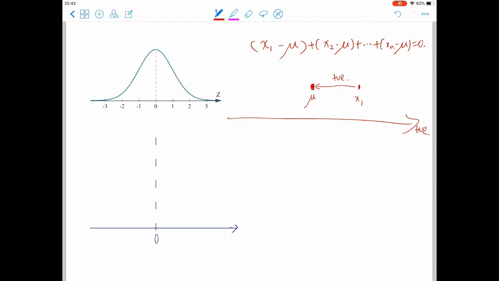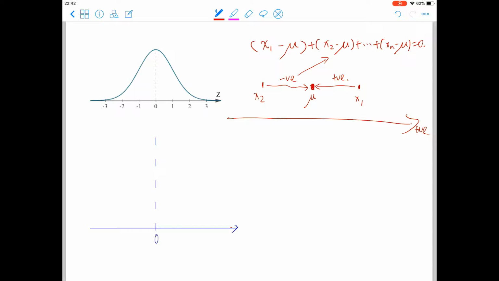But if I have a number, say x2, to compare with the mu, the result we get may be negative. So if I add those differences here, we may get a 0 result.